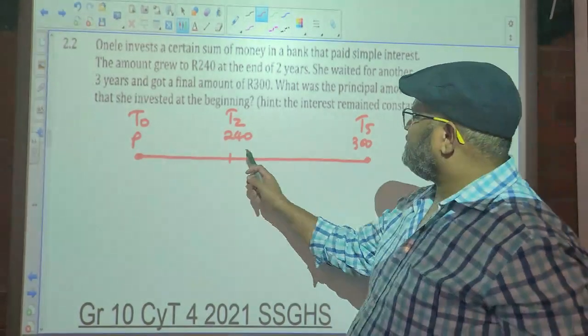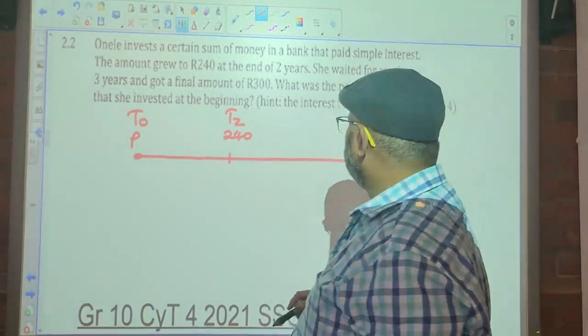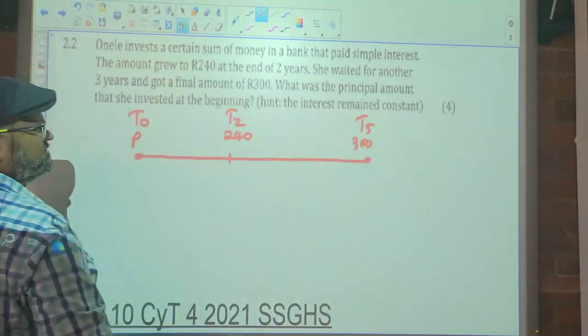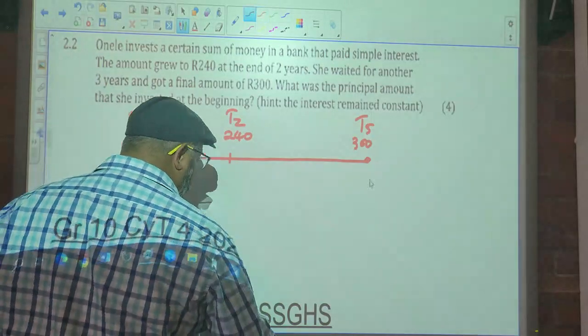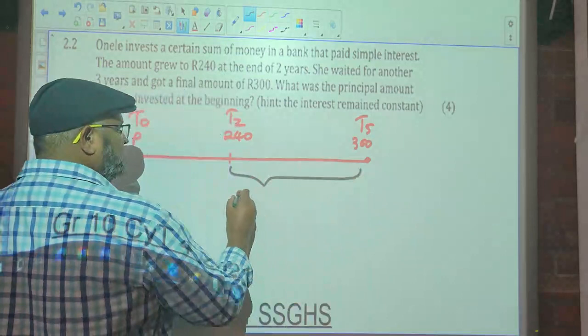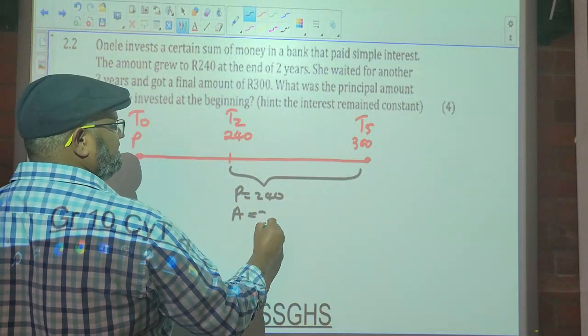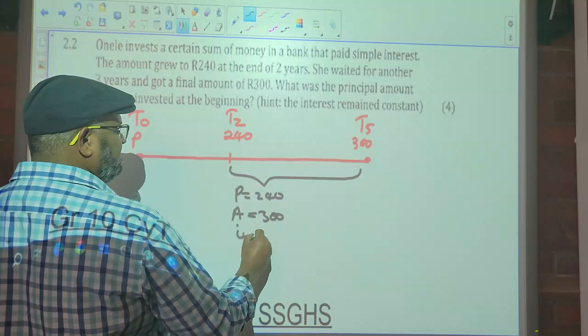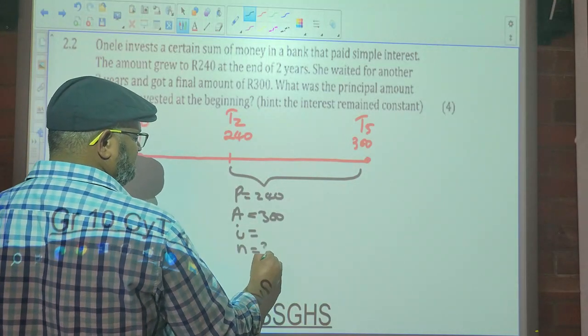From here to there, what can we calculate? Your interest. So we started off with 240. If I consider this part here, then my principal is going to be 240 rand. My A value is 300 rand. I'm calculating I or R, and this is for 3 years.